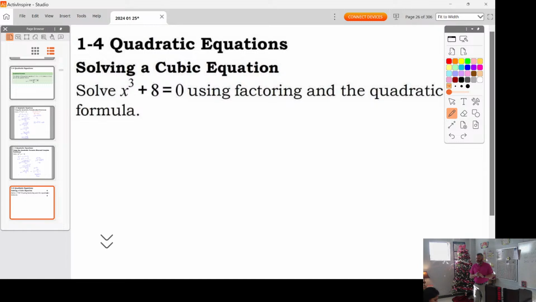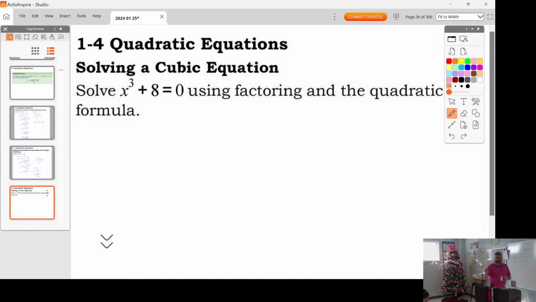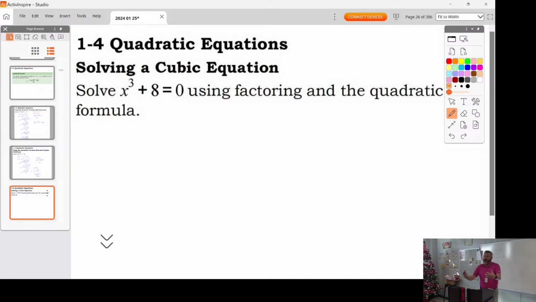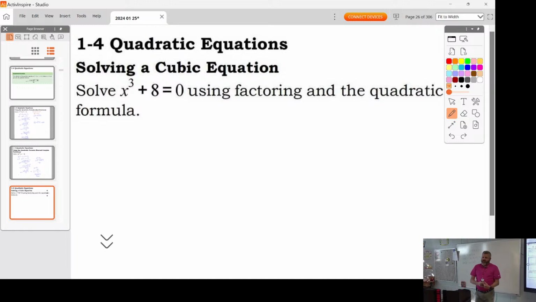Look at x cubed. Look at 8. They're both perfect cubes. So we're adding, so this is a sum of cubes. So a sum of cubes, we can use our formula to factor this, right? And when factoring, we do one step and we're done. With solving wants to know what is the value of x. So with solving, we have to go a step further.